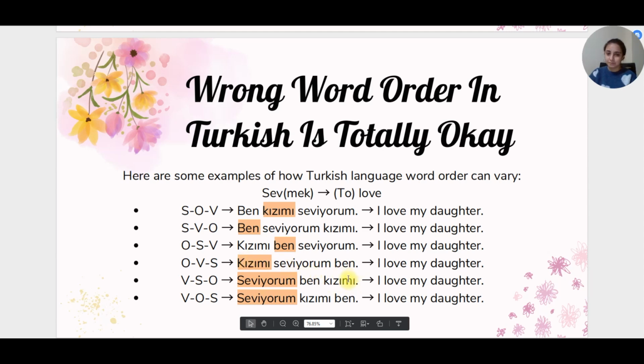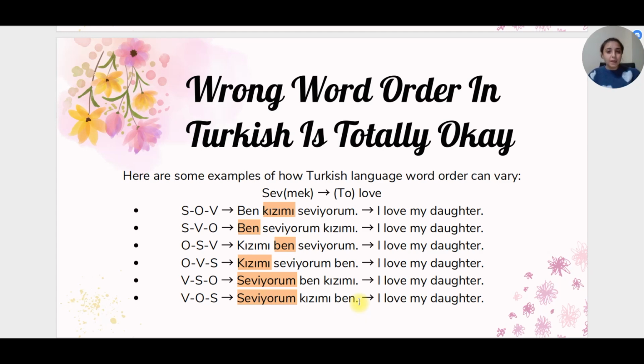Kızımı seviyorum ben. Okay? You changed the subject and the object sequence. It means now you want to put emphasis on the object, your daughter. Kızımı seviyorum ben. Okay. Seviyorum ben kızımı or seviyorum kızımı ben. I love my daughter for both of them.